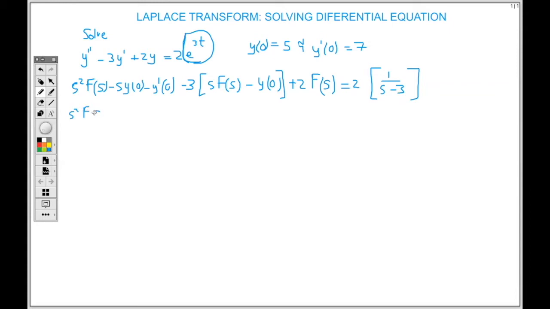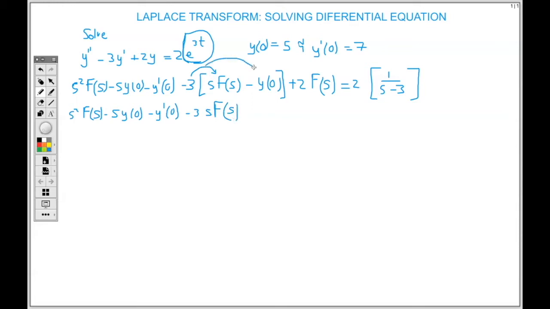So now we're going to clear this bracket that I have. So I'm rewriting this part, and then I have minus y prime 0. Now clearing this, negative 3 times the s times capital Fs will be minus 3s capital Fs.